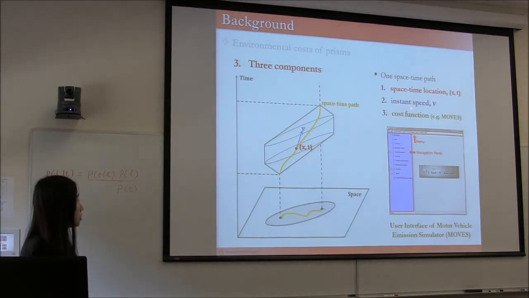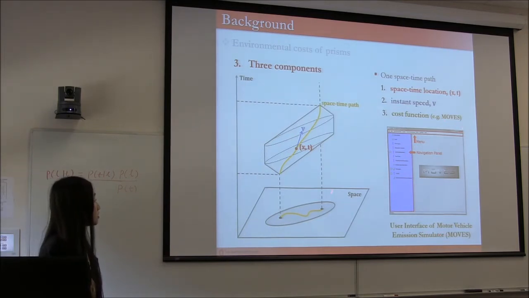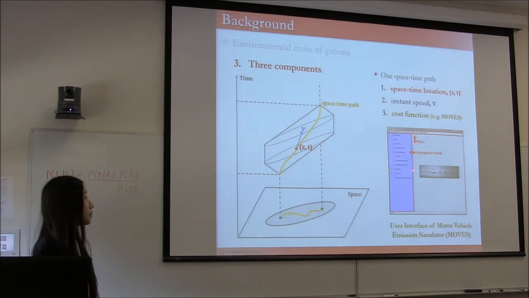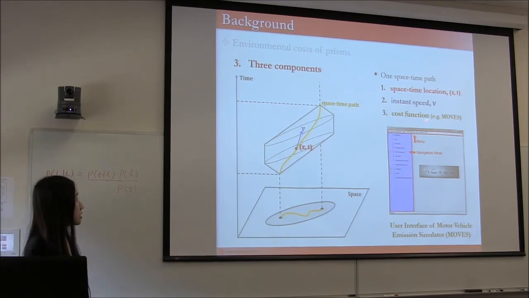Given those two, we can use a motor vehicle emission simulator, which is already available. We can just use those two as the input to that software to generate the actual cost for that space-time path. So these are the three components we have to calculate the cost.